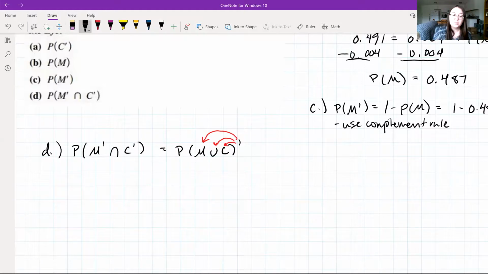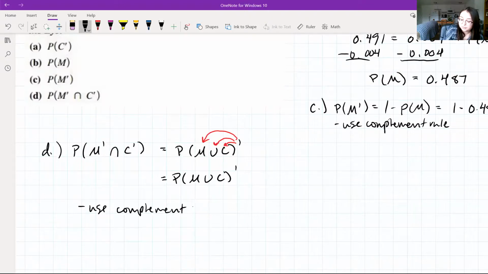So we can rewrite this. We know this is now P, or probability of M union C complement. So what we can do here now, since we have something that's a complement, we can use our complement rule.